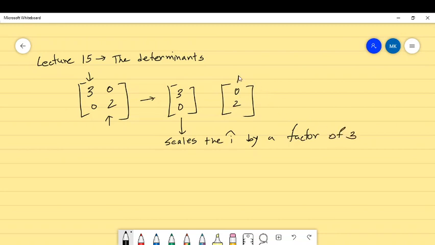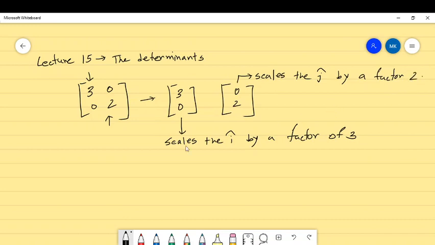And this 0 2 column scales the j cap by a factor of, as you can see, 2, right?